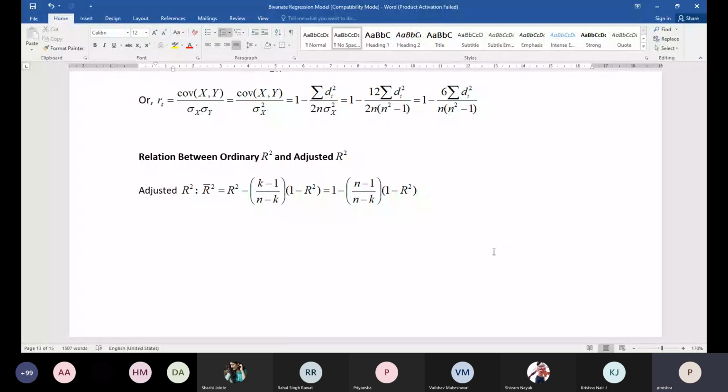There would be loss of degrees of freedom. And the OLS estimators would be inefficient. So there would be a problem of inefficiency. There would be a problem of multicollinearity and also loss of degrees of freedom.